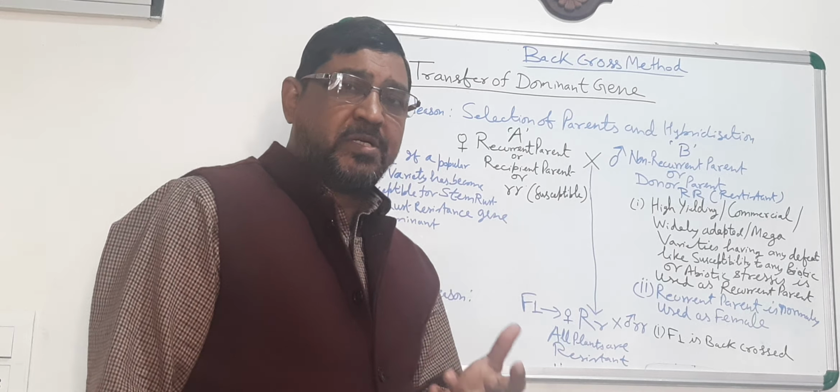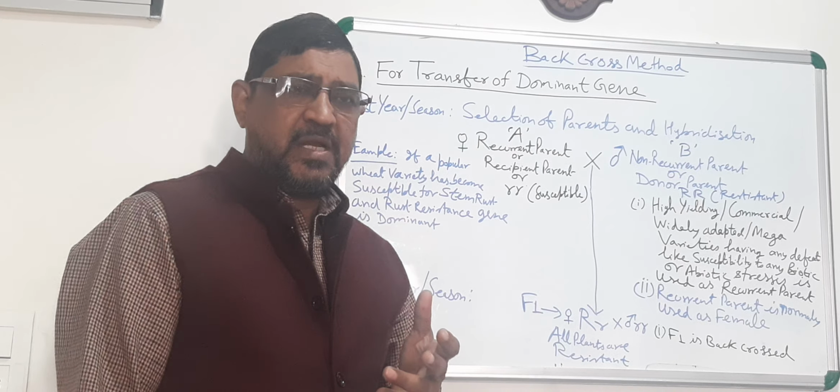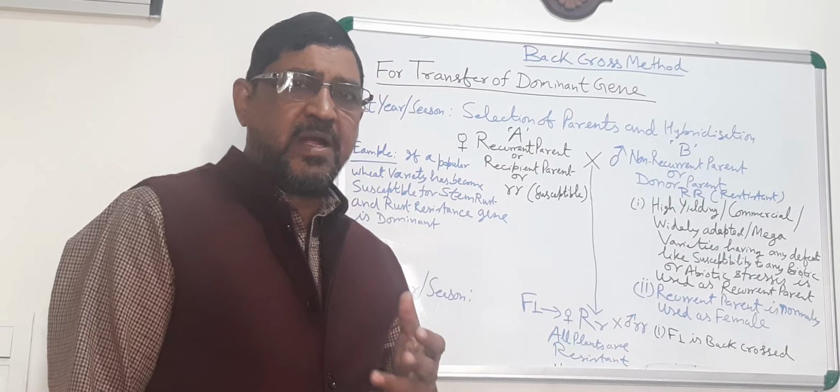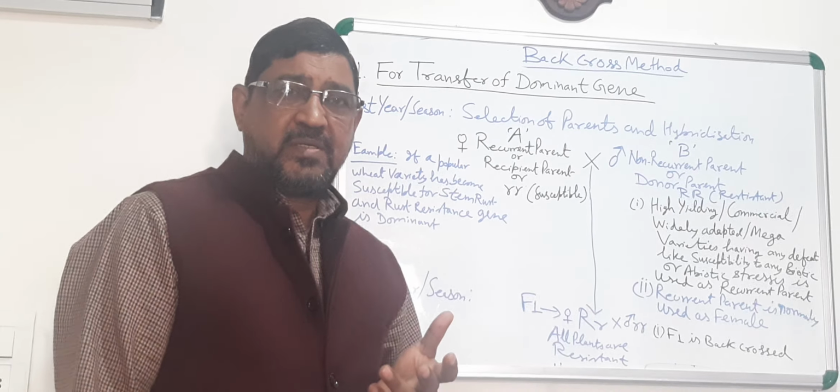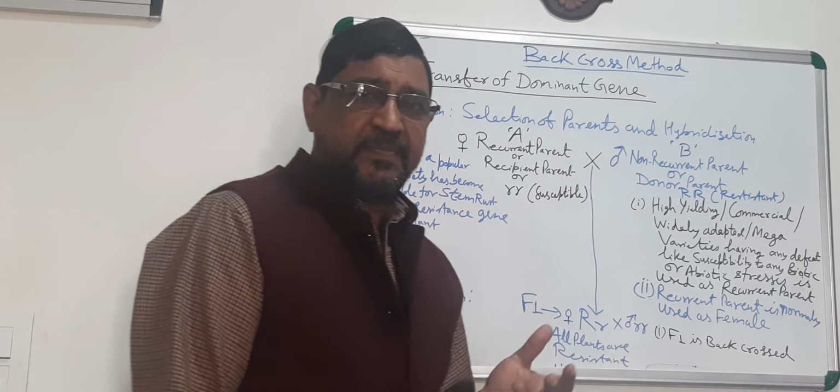As you know, backcross is being used for correcting the defects in your most popular variety. So you are going to correct one or two traits, and those traits are being governed by the major genes having high heritability.